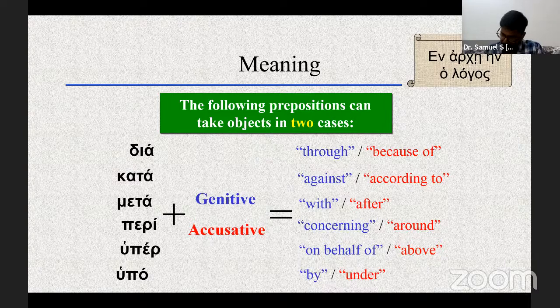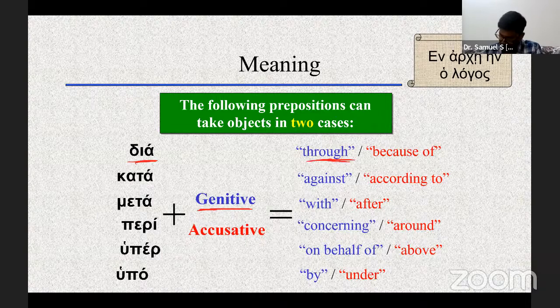So, dia plus the genitive means through. The same dia plus the accusative means because of. And it's quite different here, right?